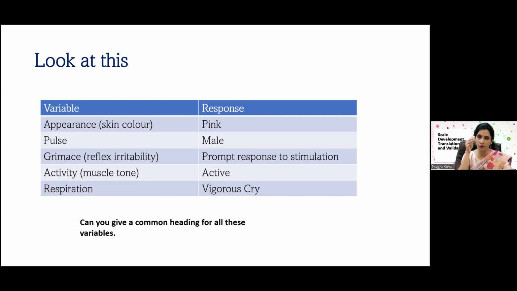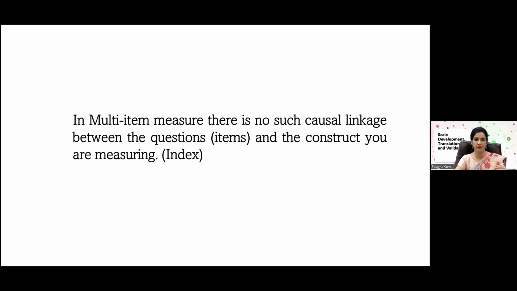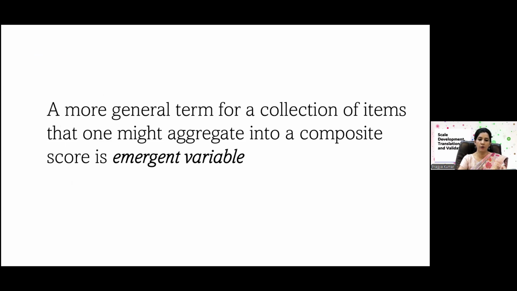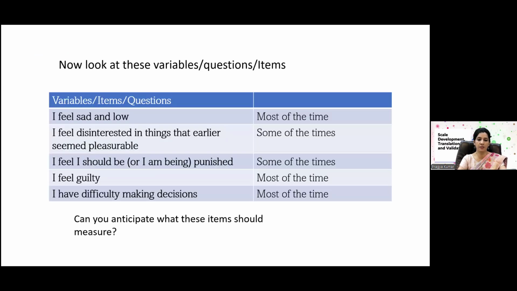If you add up all those scores from the many items, the addition of individual item scores is known as the score. The scale is the formulation where at one place you have many items, and together all those items measuring a single construct is known as the scale. I hope you have understood this emergent variable.